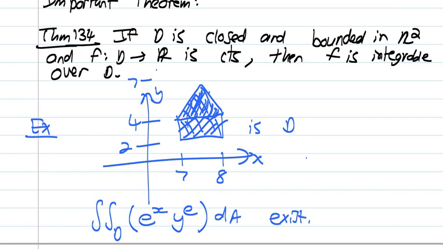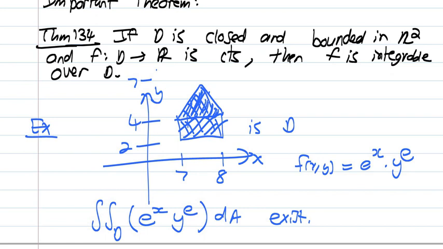And now I'm going to define f as a function of two variables as e to the power x times y to the power e. Now this function is continuous on region D. So theorem 134 applies because D is a closed and bounded set, and this function f is a map from D to R, and it is continuous on region D. Therefore, the double integral of e to the x times y to the e over region D, dA, does exist.